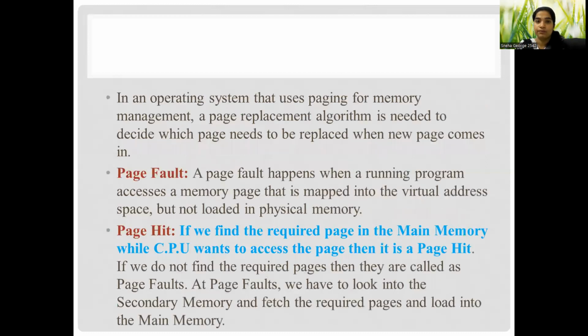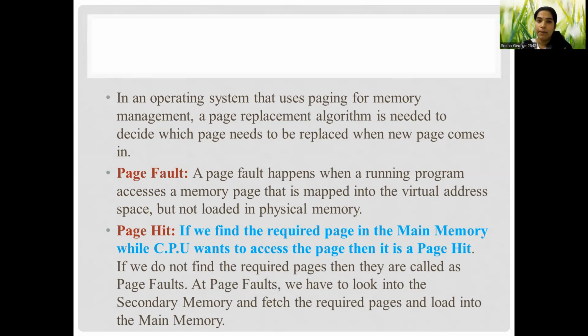Now, in an operating system that uses paging for memory management, a page replacement algorithm is needed. As I said previously, when a CPU wants to execute a particular page, it will check whether that page is present in the main memory. If it is not present, it is a page fault, and the CPU tries to load that page from the secondary memory into the main memory.